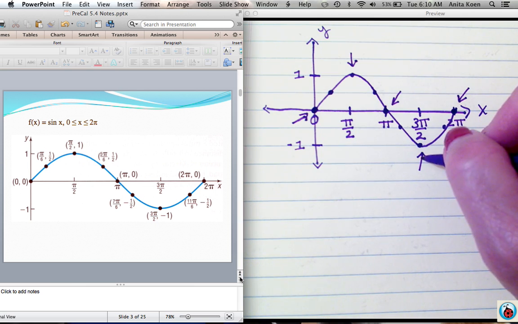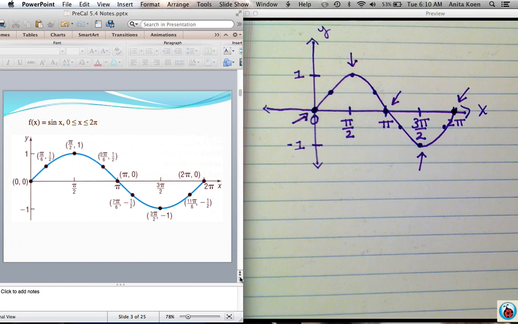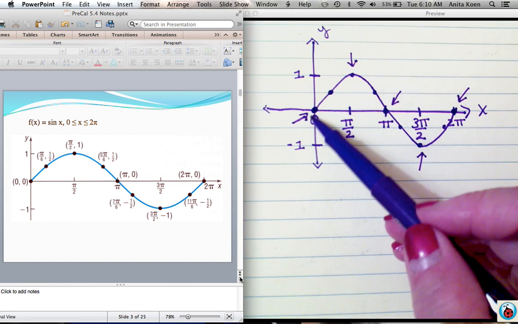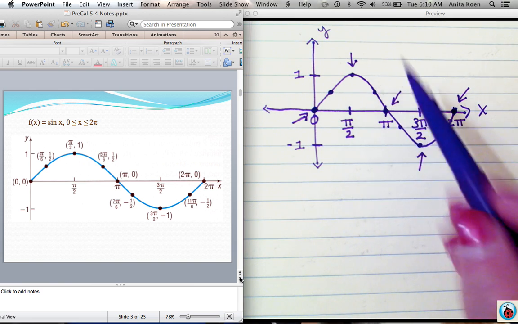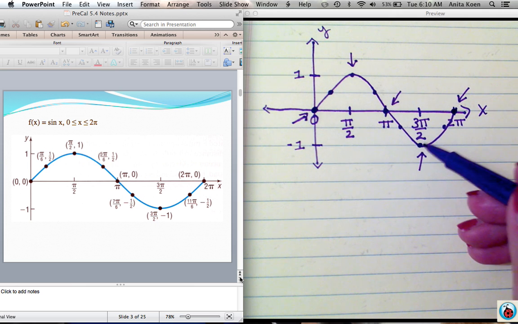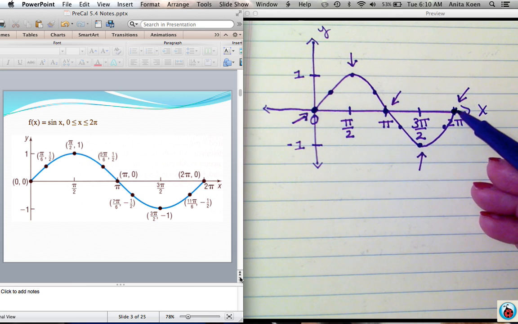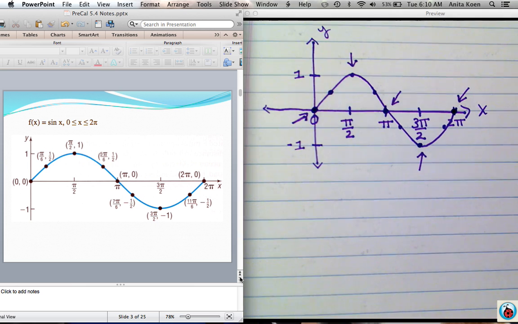So 0, 0, pi over 2, 1, pi, 0, 3 pi over 2, negative 1, and 2 pi, 0. Those are the 5 critical points that I would like for you to learn. I want you to know this function so well that you can graph those 5 critical points and get your sine function at any time.